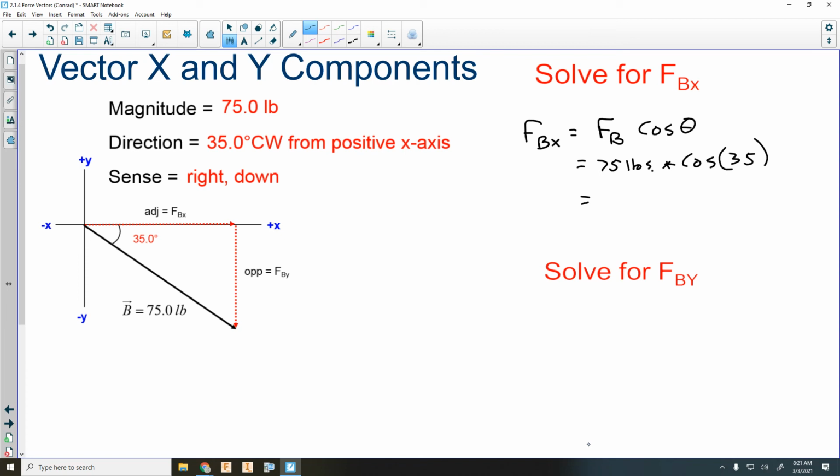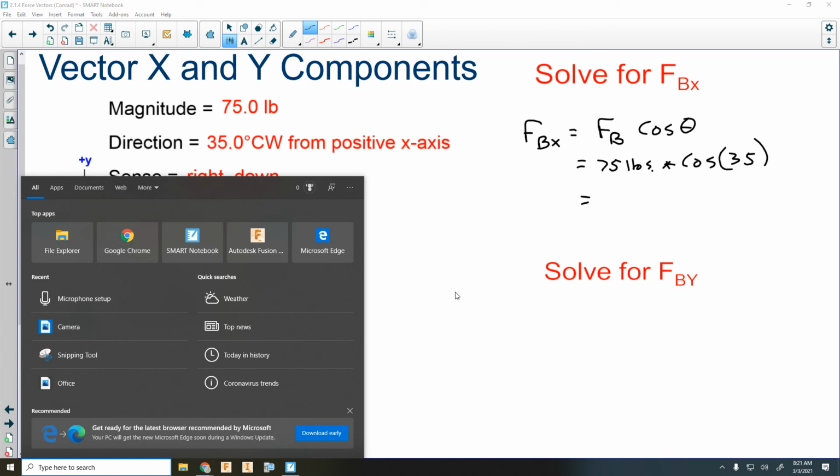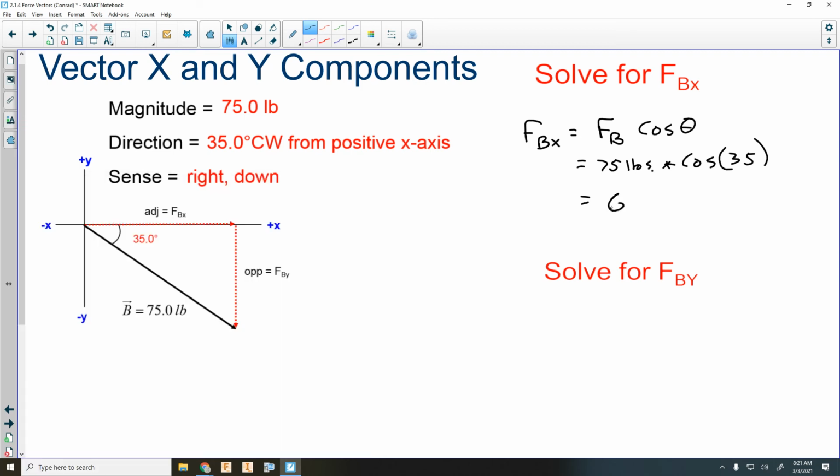Somewhere in mode, you've got degrees and radians, and if you're not in the right mode, we have a problem. You want to be in degrees. From the factory, it starts in radians. Okay? So 75 cosine of 35, what do we get? 61.44.